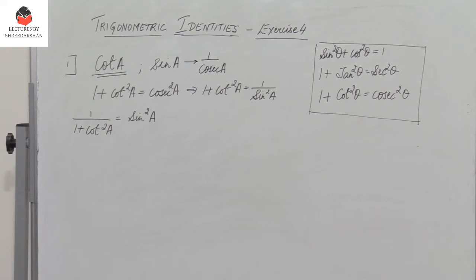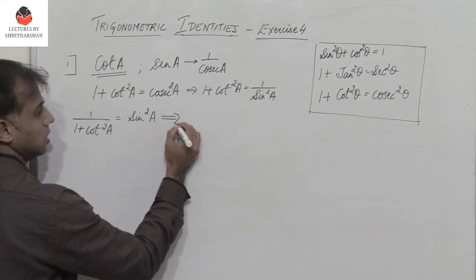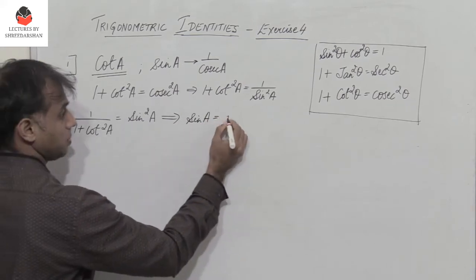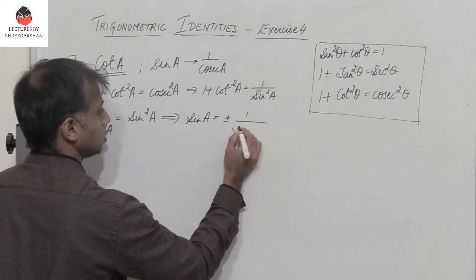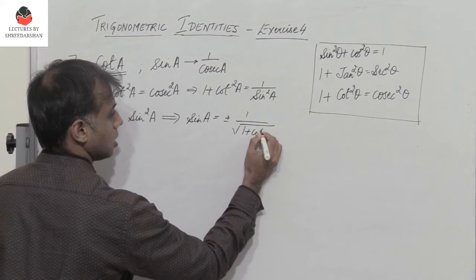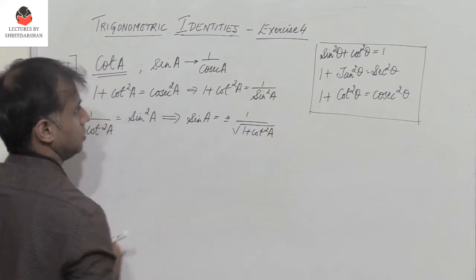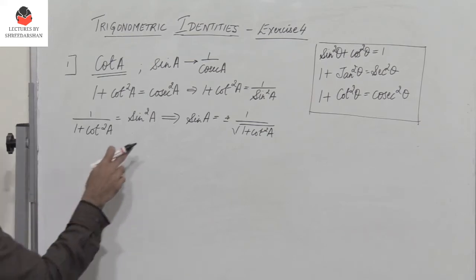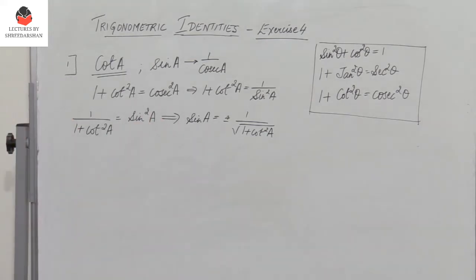So this implies sine A, I have to take the square root on both the sides. It is plus minus 1 by root of 1 plus cot square A. Right? So very simple. So I have expressed sine A in terms of cot.